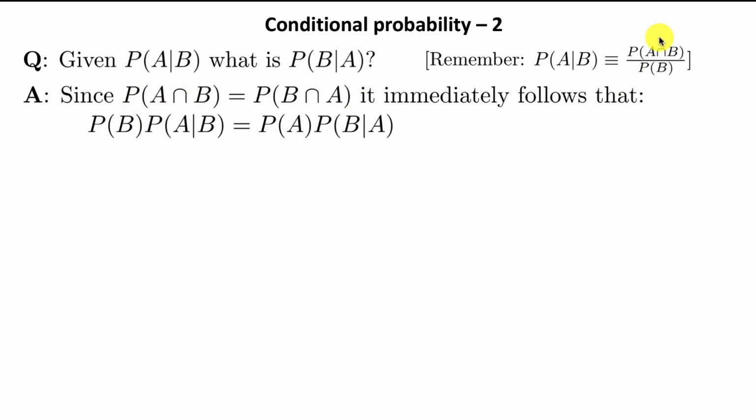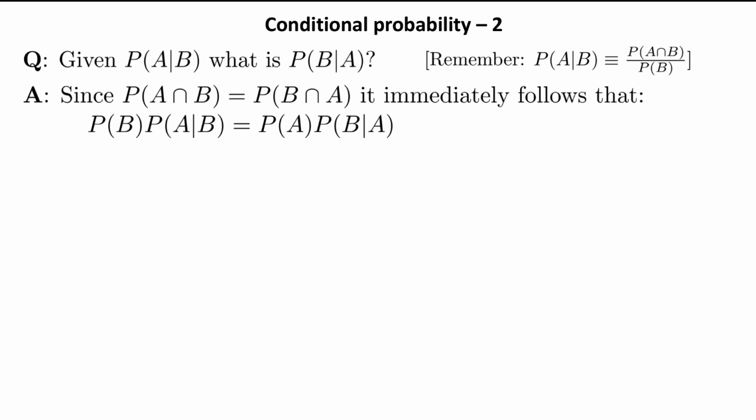So look over here, we have the probability of A intersection B is just this multiplied by P of B. But now interchange A and B over here, and so we get this obvious relation. And now we can calculate from this the probability of B given A. It's simply this divided by P of A.